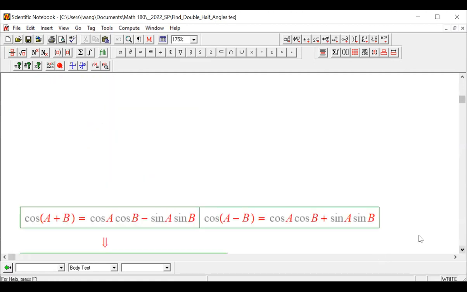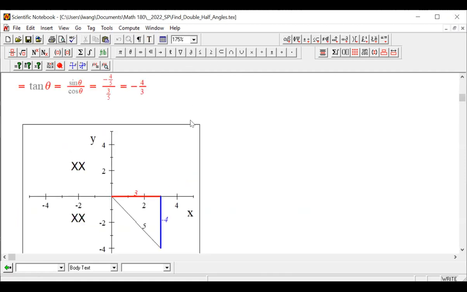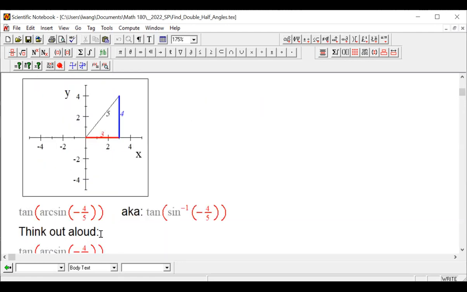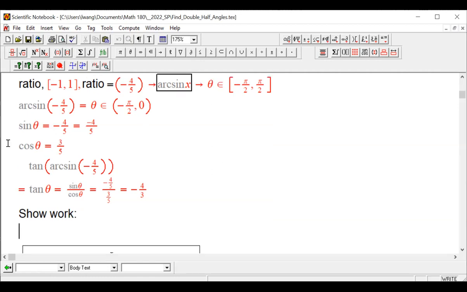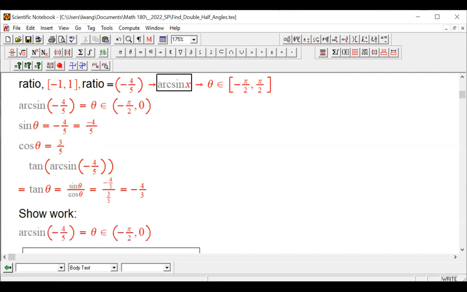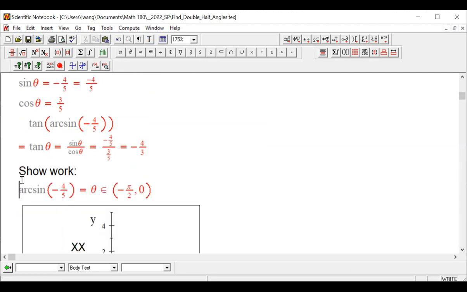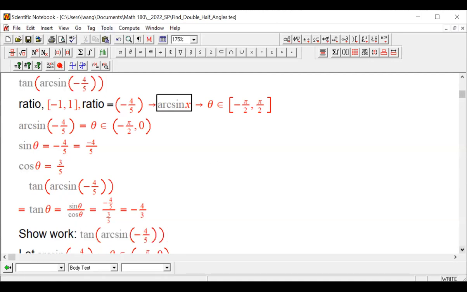Okay, how to show work? Once again, I'm going to show you how to show work, because I was still showing you the think-aloud. It's like a scratch paper. You typically don't have to write so much when you show work, okay? The first thing you do, you introduce theta. You can say let theta equal the arcsine. For this question, you first copy the question.